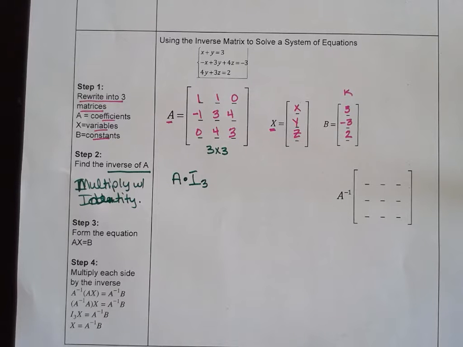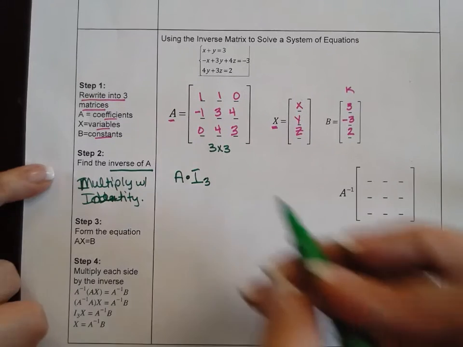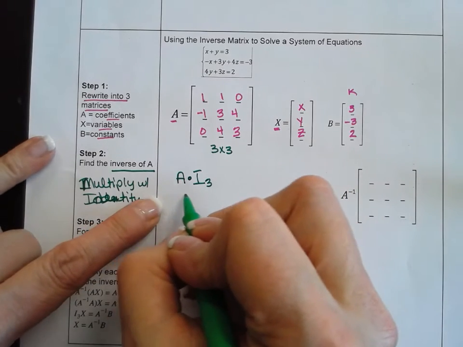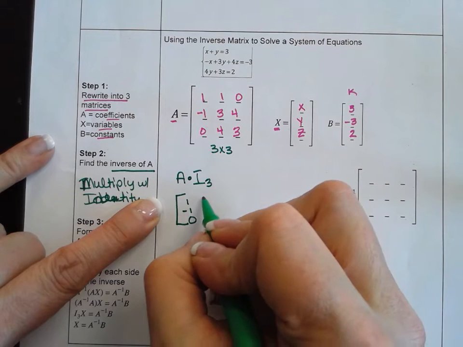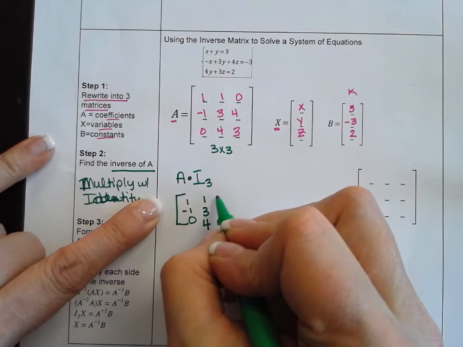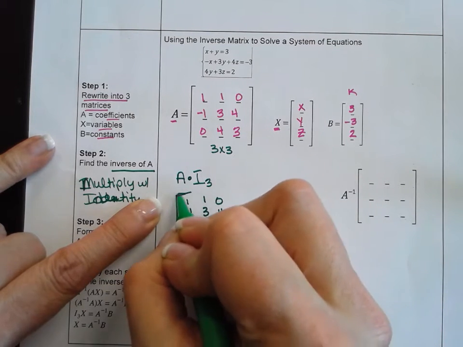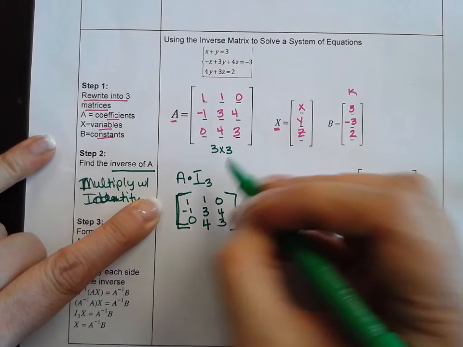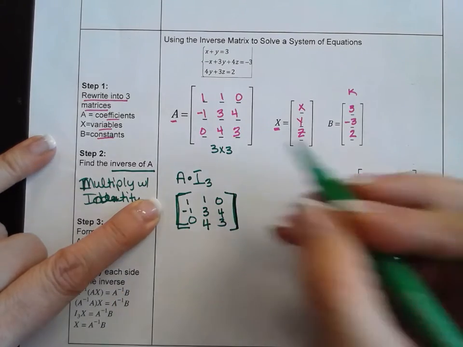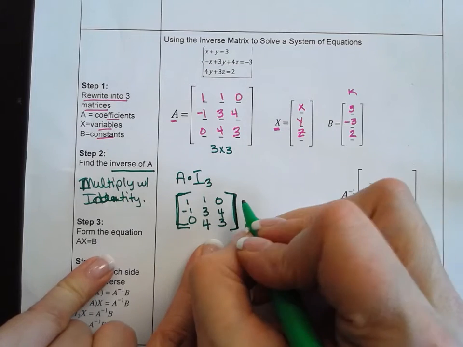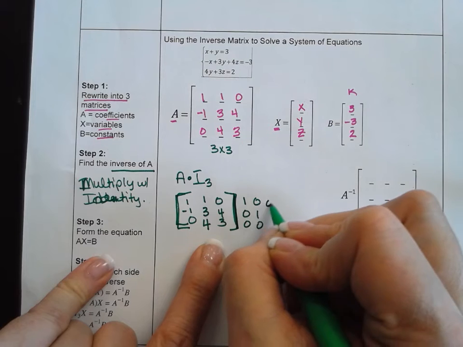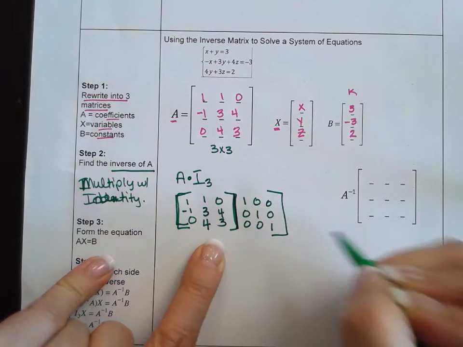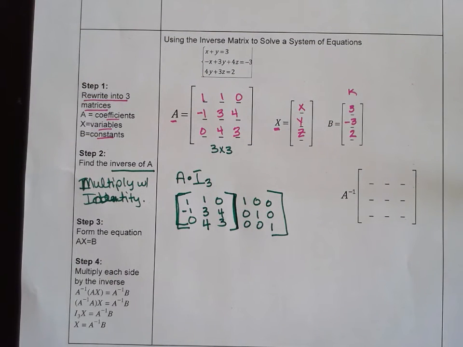You with me on that one? So my A is 1, -1, 0, 1, 3, 4, 0, 4, 3. It's just a straight line. And then my identity is going to be 1, 0, 0, 0, 1, 0, and 0, 0, 1. Everybody good on that part? Kim, are you good on that? Yes, ma'am.